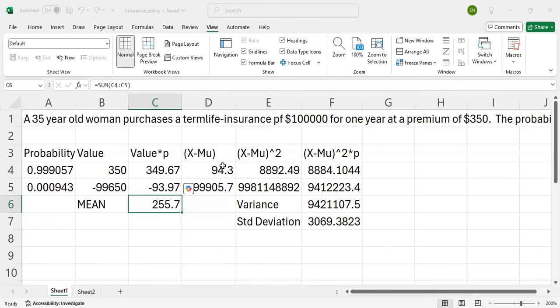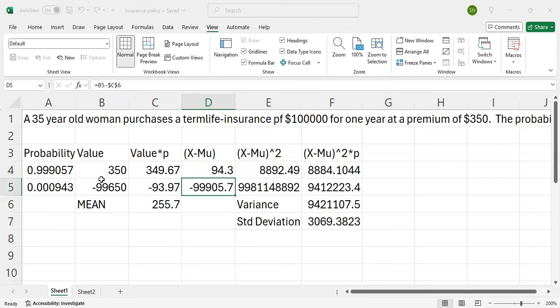Okay. So the mean is also known as mu, hence x minus mu. Now, from each value, I'm subtracting the mean. So you can see 350 is B4 minus $C$5, the constant mean. So the X value 350 minus the mean value 255.7 gives you 94.3.